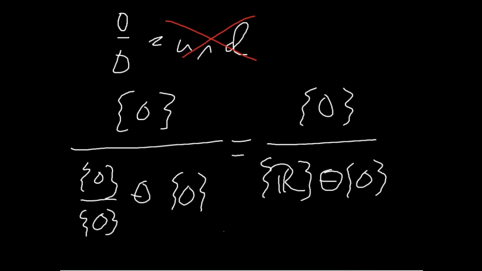And this, my friends, is 0. So 0 divided by 0 minus 0 is 0 when you allow division this way.